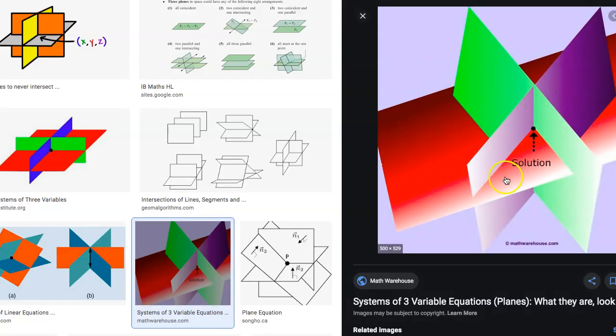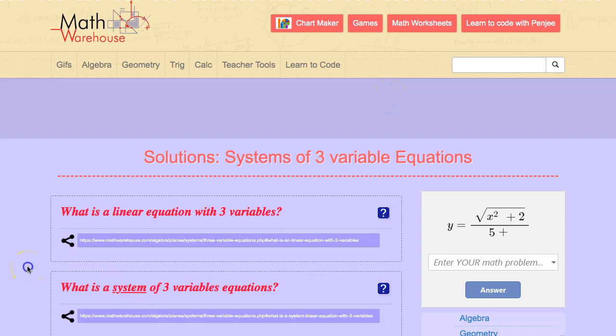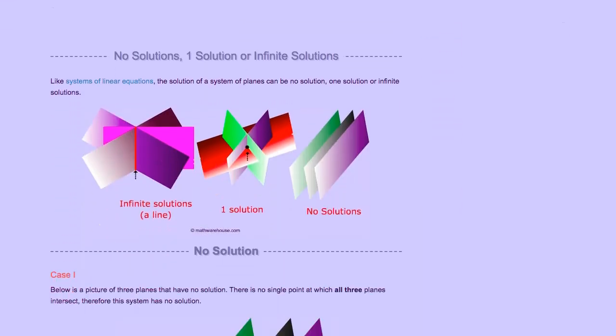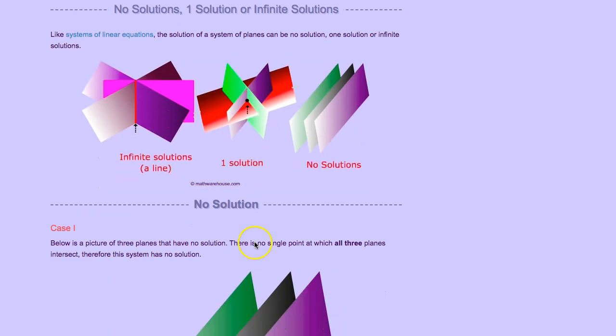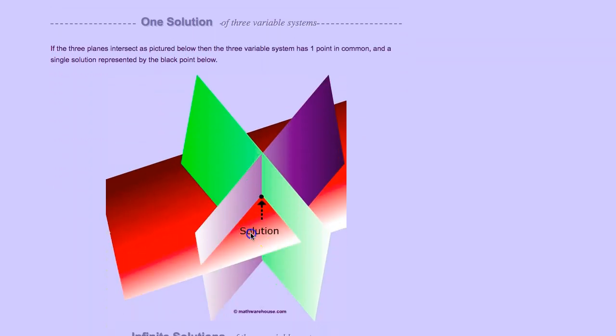You guys see this? Here's the solution. Pretend like these planes are our planes. Here's just one solution. I just don't want a big lesson.